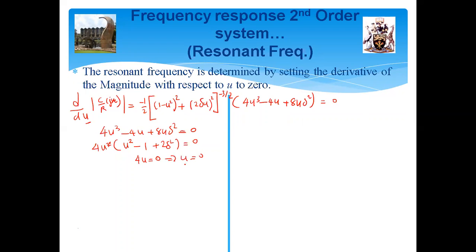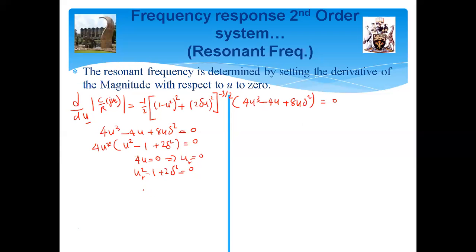So u equals 0, or, since you are looking for the resonant frequency, we can denote this as u r, because once we set this to 0, we are looking for the frequency with maximum magnitude.